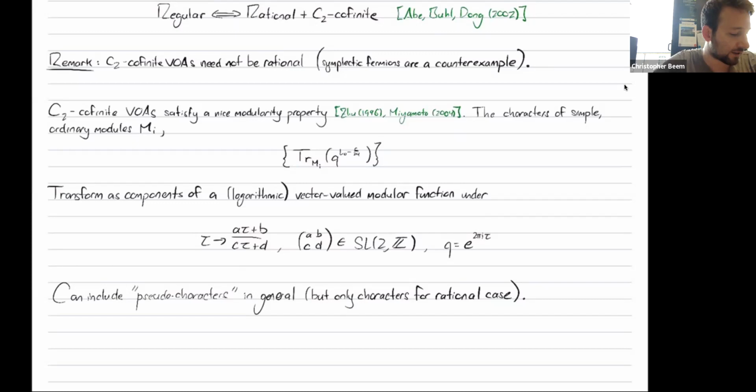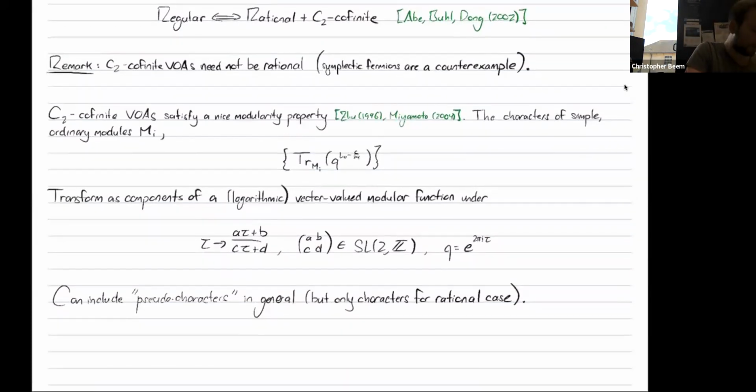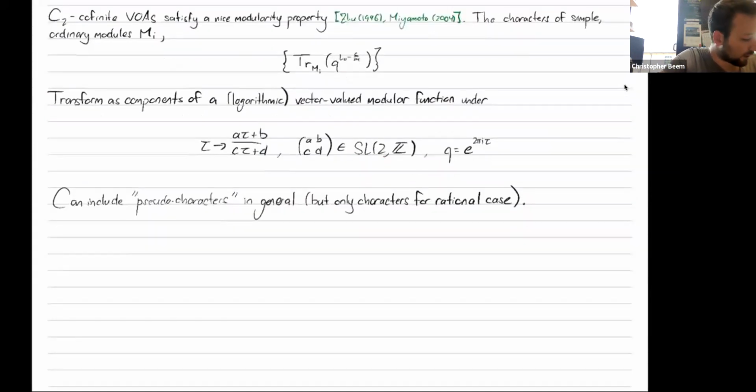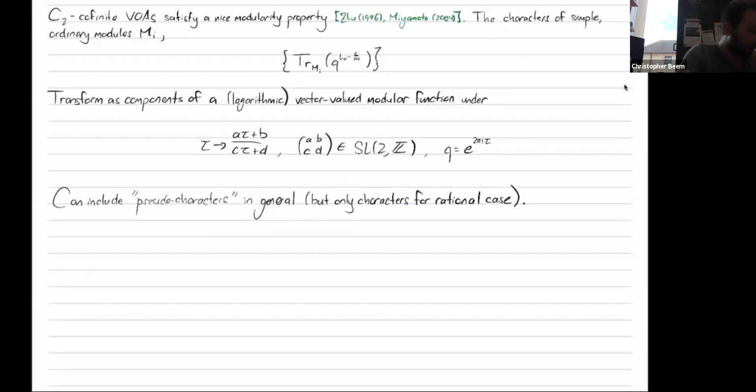In the C2 cofiniteness case, you find that the characters of your simple ordinary modules, the good modules that you would naively pay attention to in a physical setting, if you look at their characters, the graded trace where the grading is carried by q, have some modular properties. So they transform as components of a so-called logarithmic vector valued modular function under the modular group action on tau, where q is e to the 2 pi i tau.